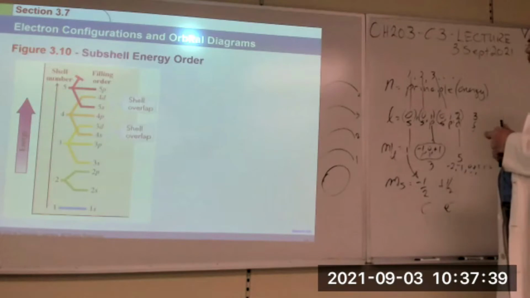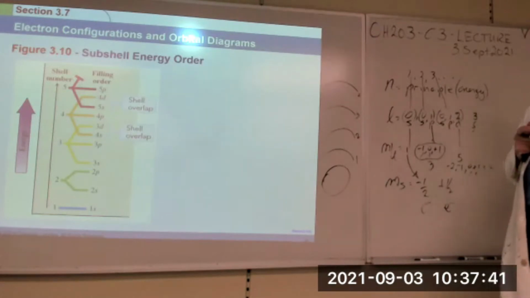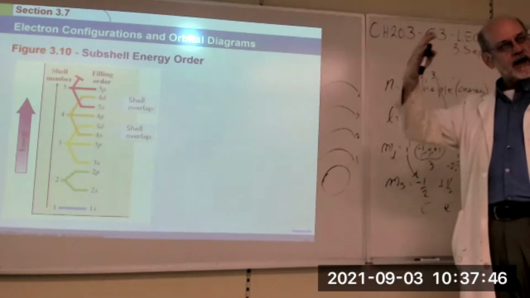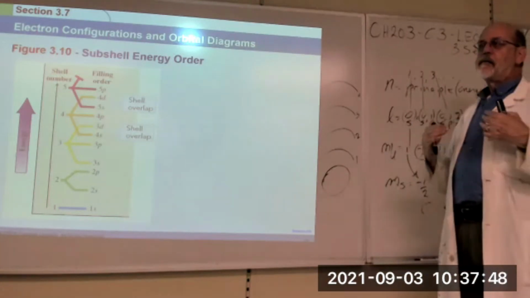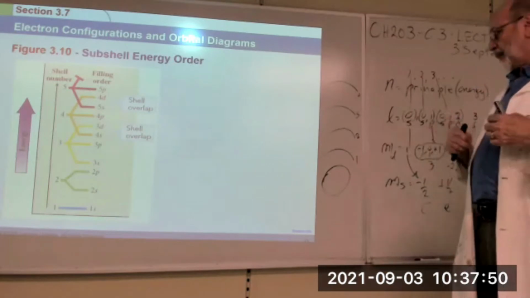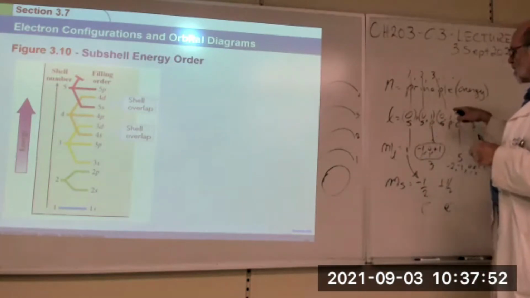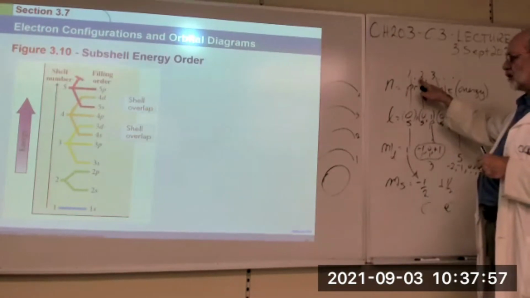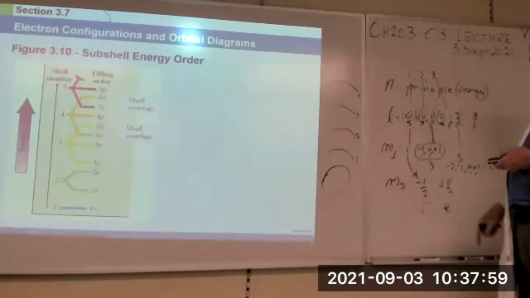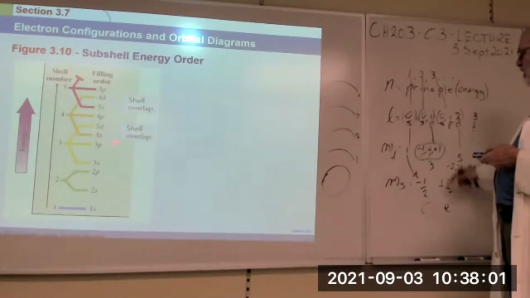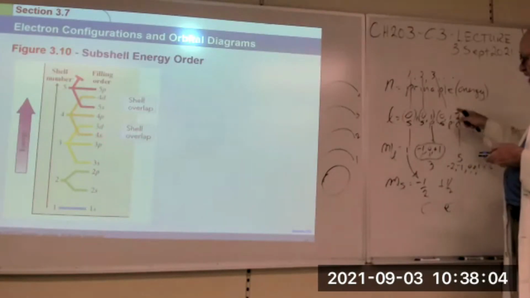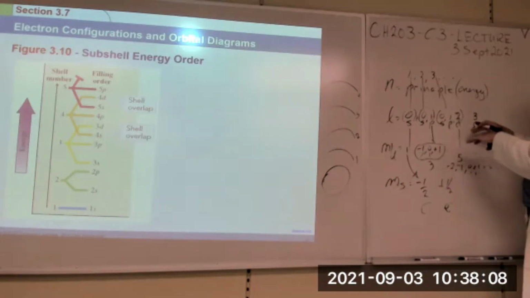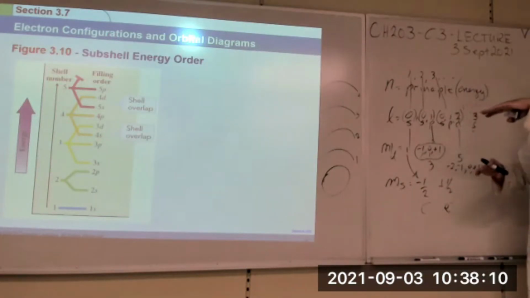So as we're filling using the Aufbau principle, we're adding electrons in at higher and higher energies. We would normally think that 3 is higher energy than 2. And for the most part, it is. But when you get to 4, what you may find out is some of these subshells tend to switch energies.